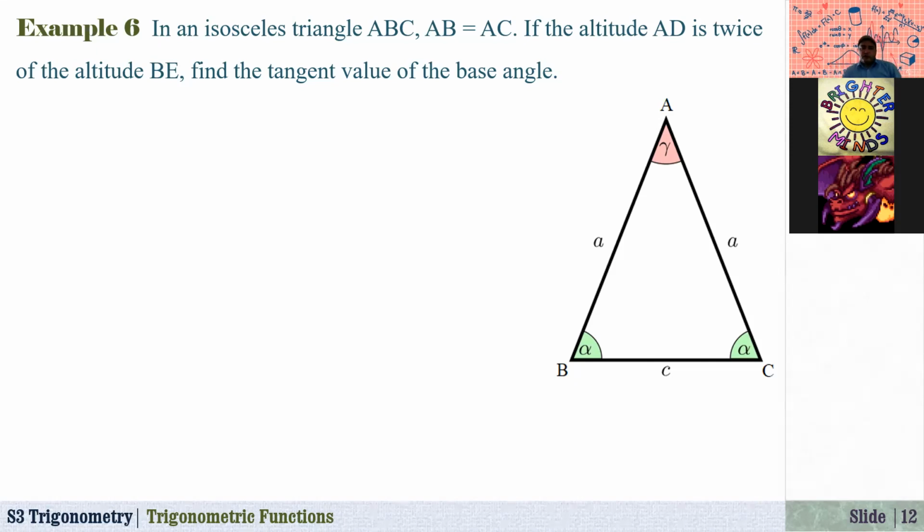In an isosceles triangle ABC, AB is equal to AC. Okay, if the altitude AD is twice of the altitude BE, find the tangent value of the base angle.